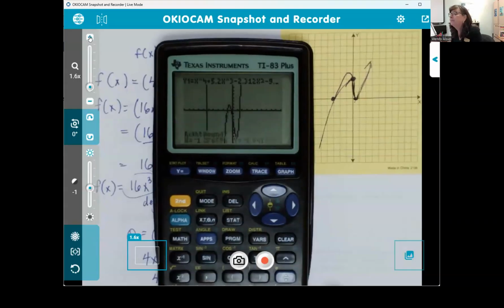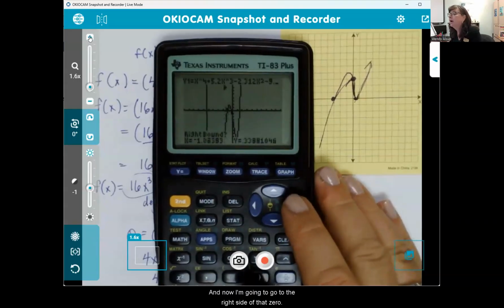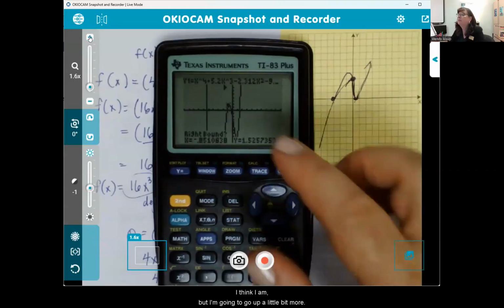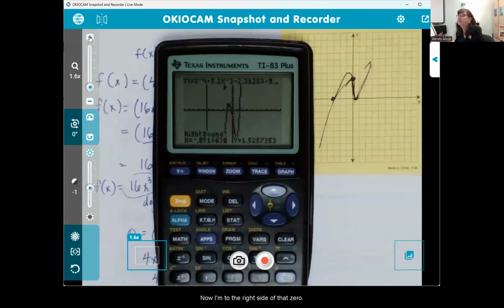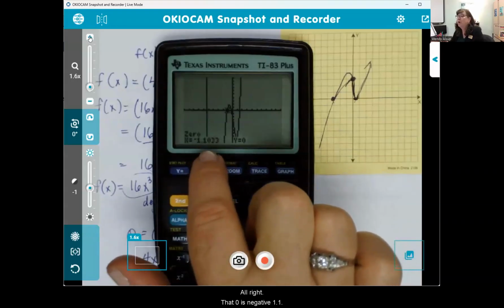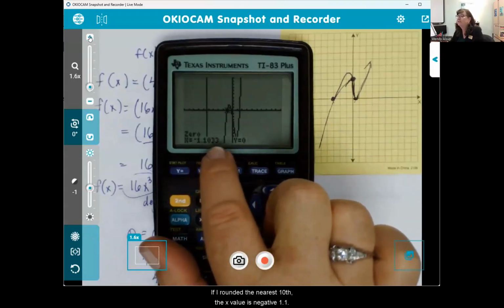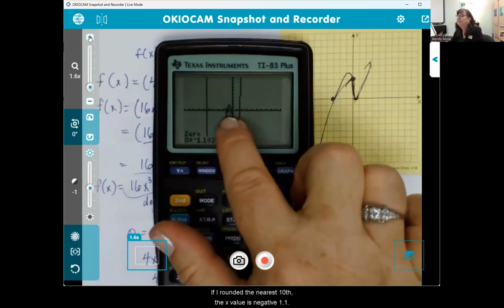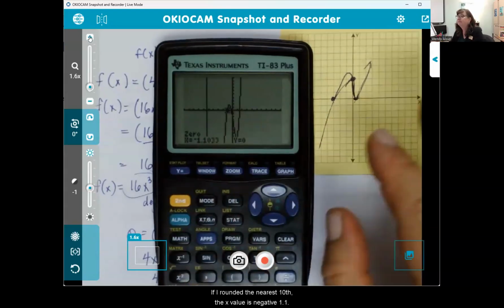Press enter. And now I'm going to go to the right side of that zero. I think I am, but I'm going to go up a little bit more now to the right side of that zero. And then it's going to say guess. Yes, please guess. All right, that zero is negative 1.1 if I round to the nearest tenth. The x value is negative 1.1.